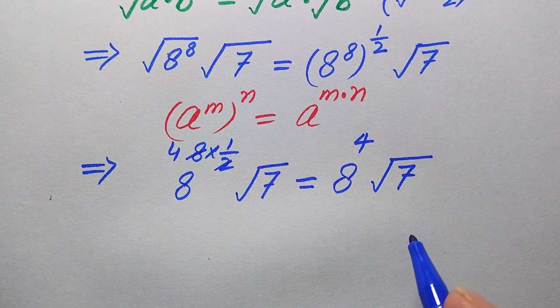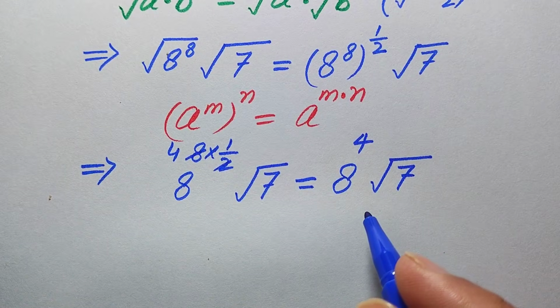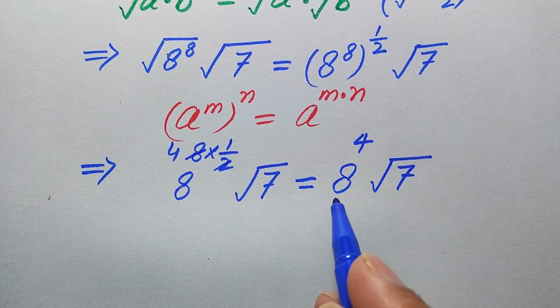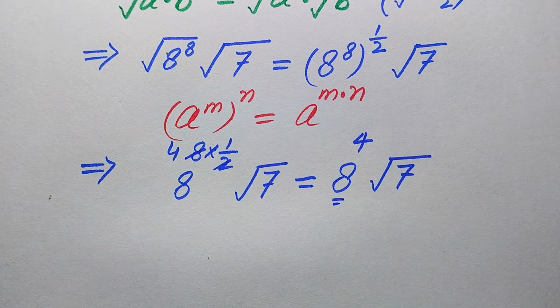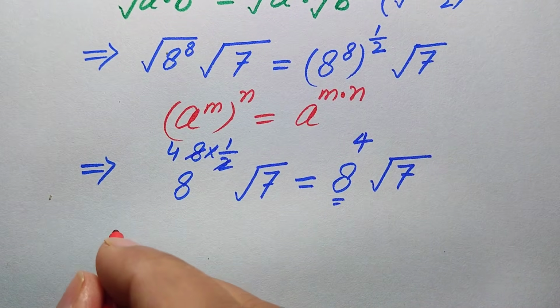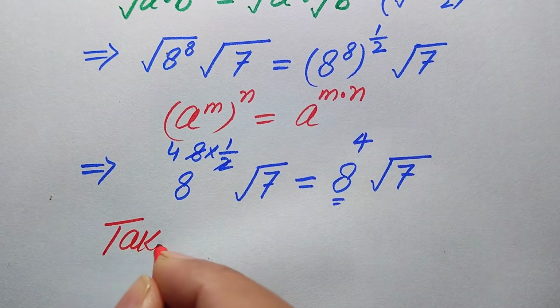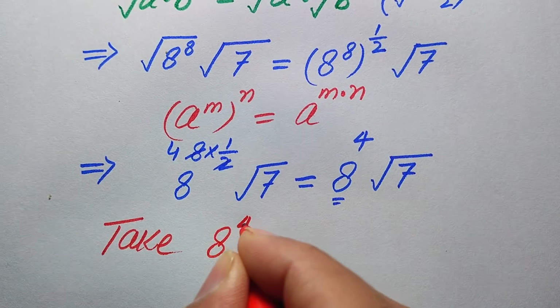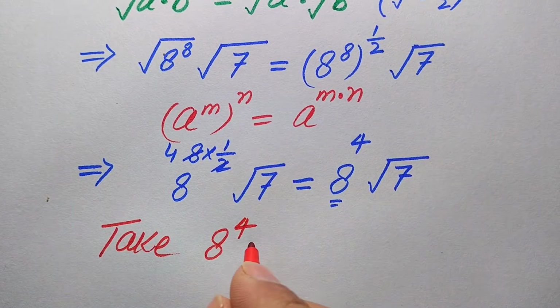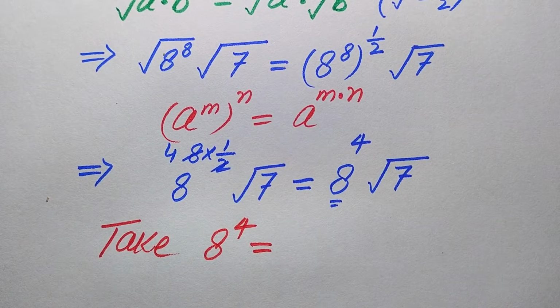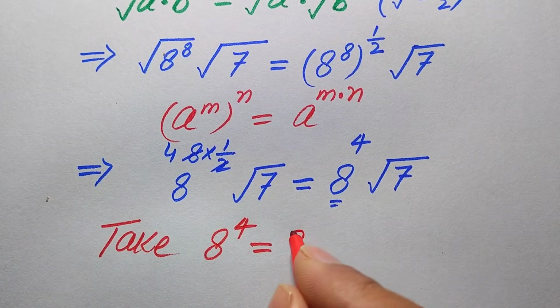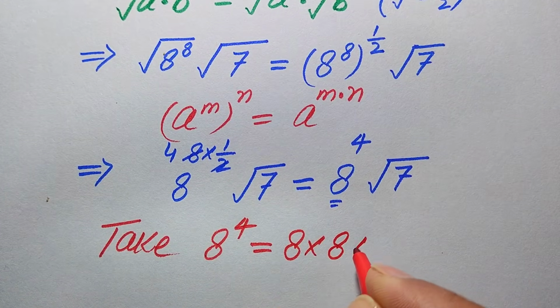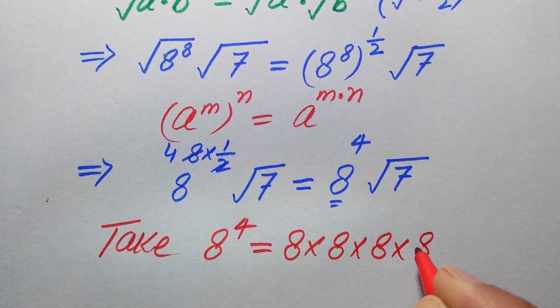So in order to find the answer in simplified form, we need to simplify the term 8 to the power of 4. Here we choose only 8 to the power of 4, and you very well know that the meaning of 8 to the power of 4 is that we multiply 8 with 8 four times in this way.